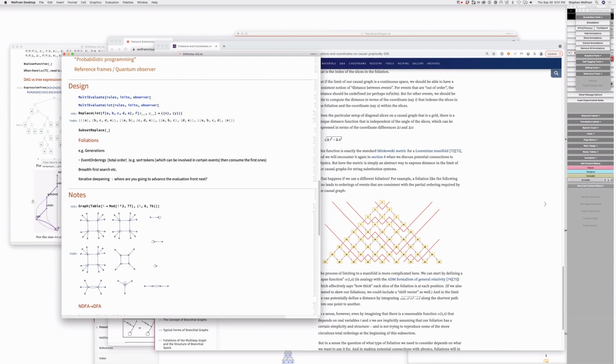So if we're doing a multiway thing, we can generate all possible events, including ones which cannot occur in the same branch of history, and then do a sort of all of those. But there's a different issue, which is that in a single branch of history, I think we're more like sorting tokens.